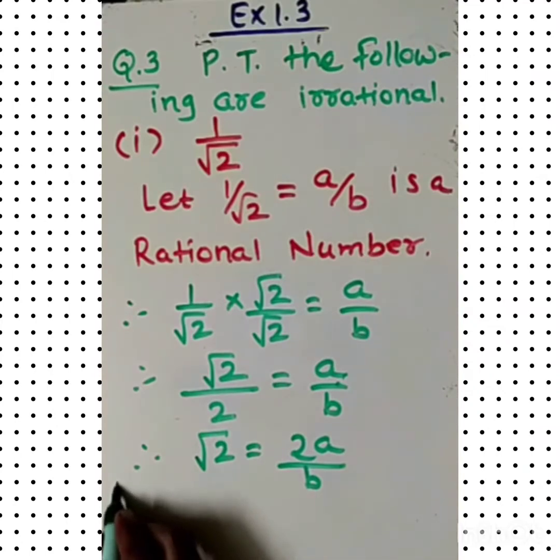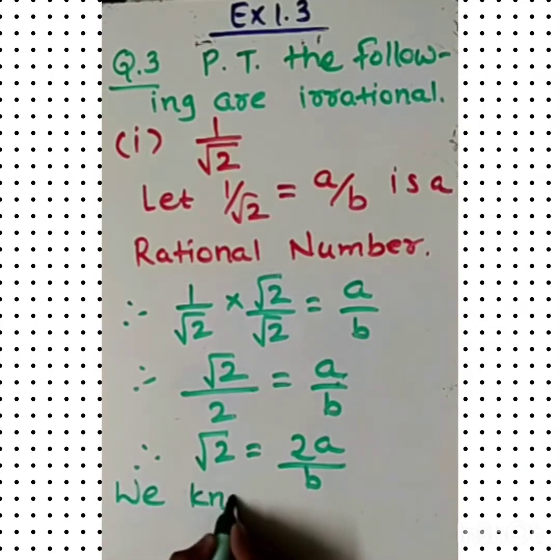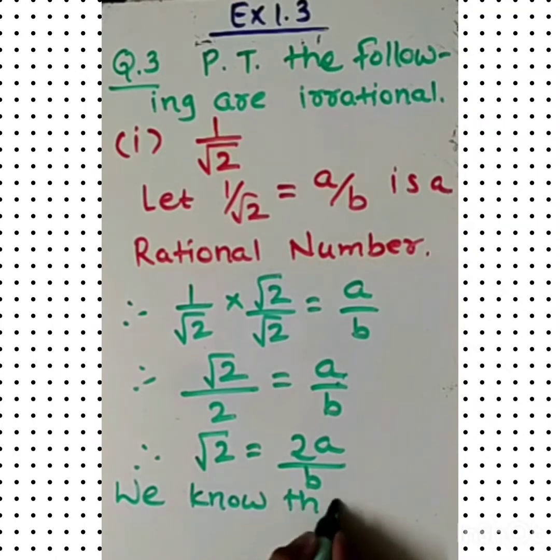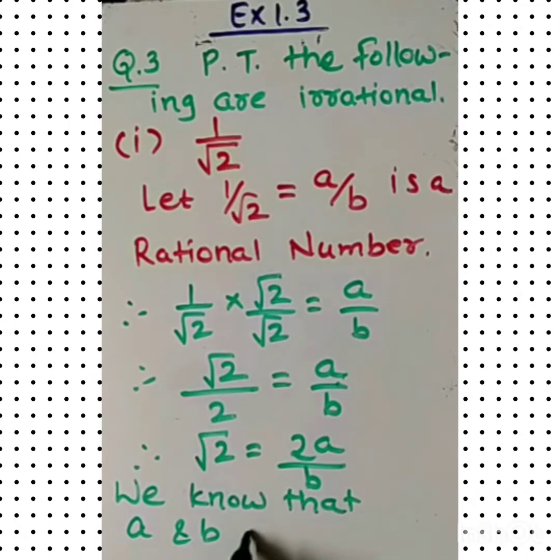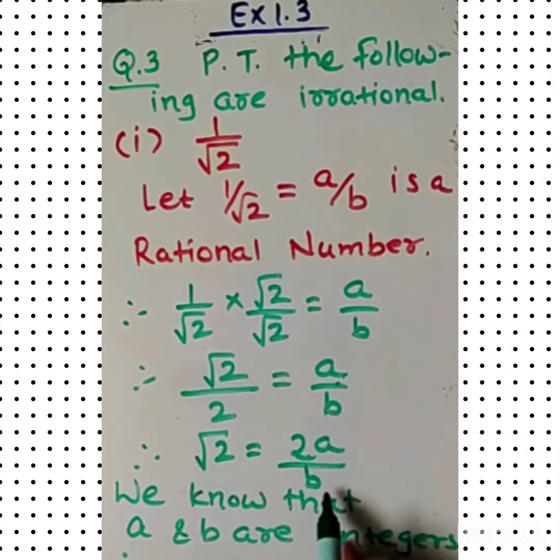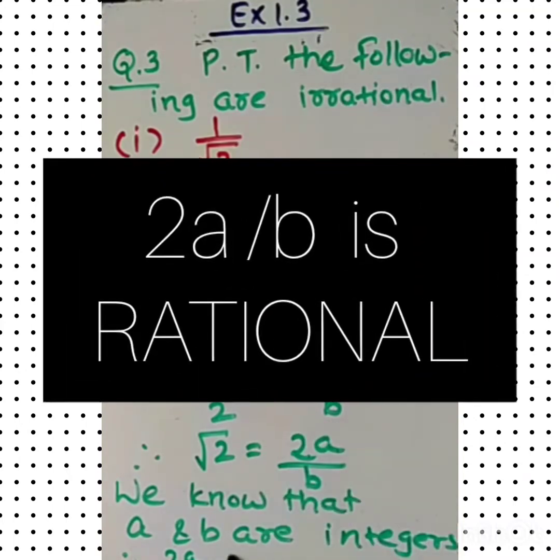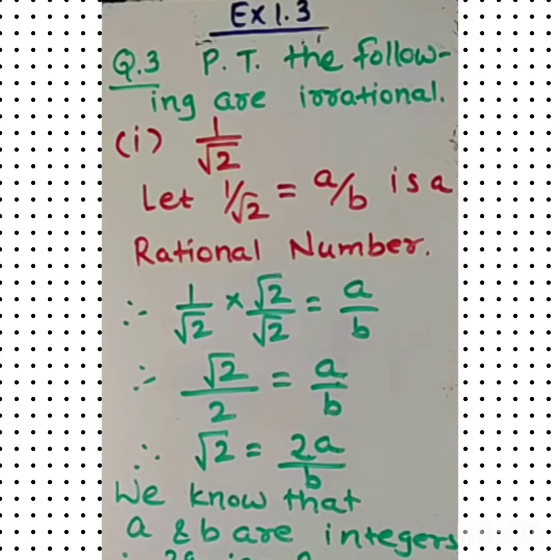We know that a and b are integers. If these are integers, then we can say 2a by b is a rational number. The right side, 2a by b, is a rational number.